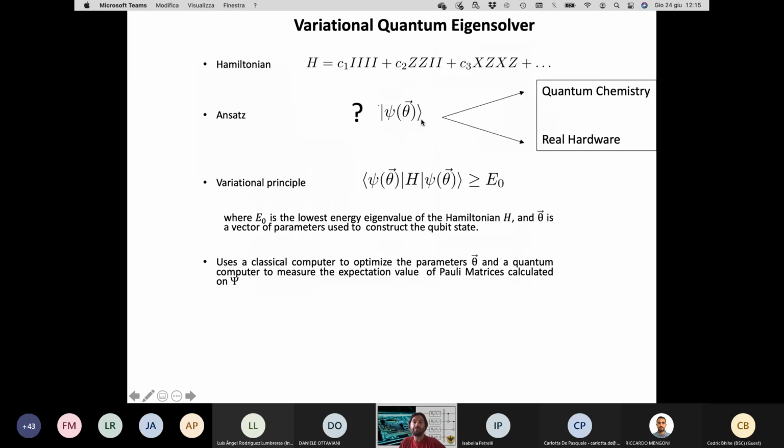Or another way is to just take circuits that are optimal for the real hardware. So I don't care about the meaning of the circuits. I just want circuits which are efficient on that hardware.